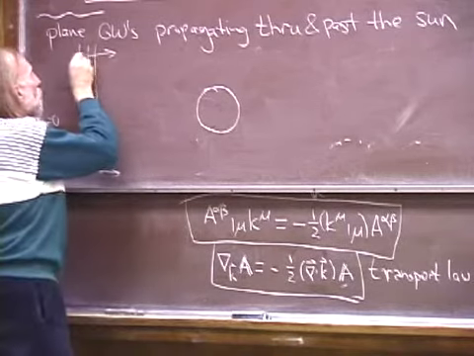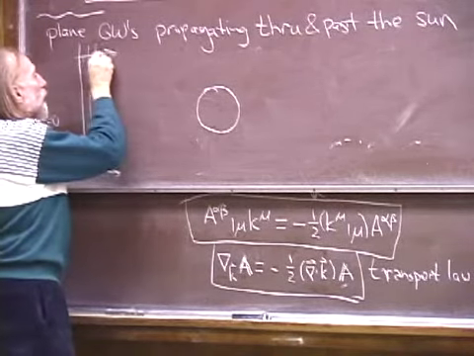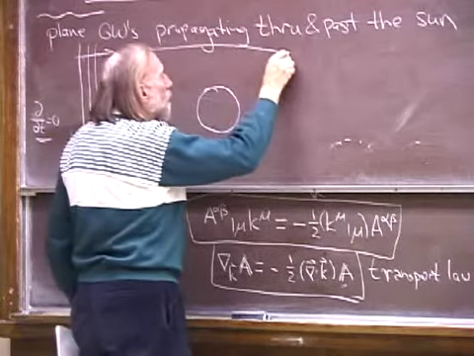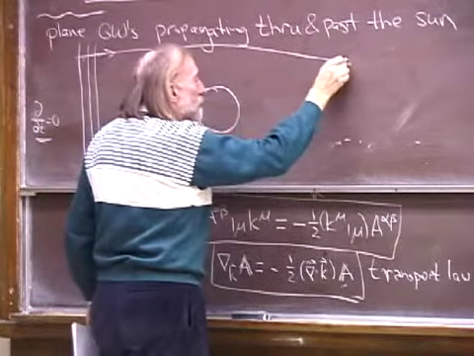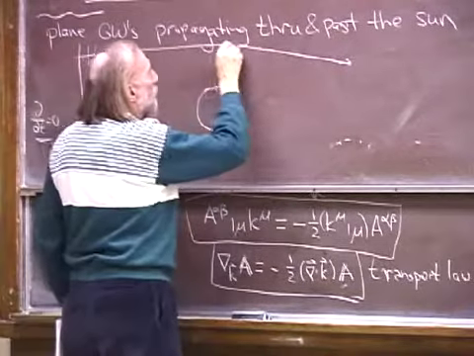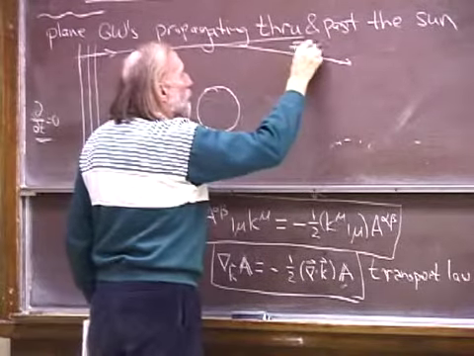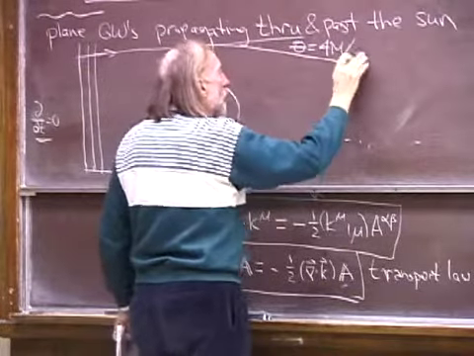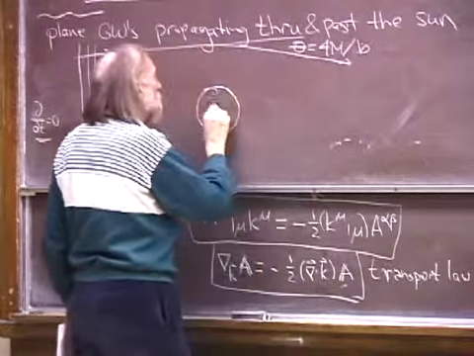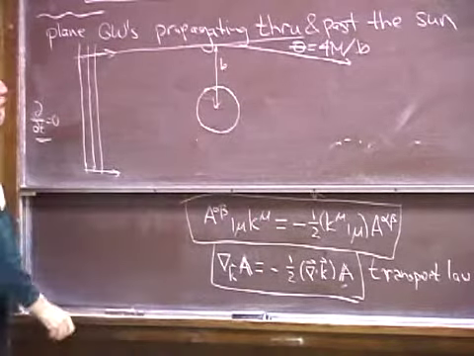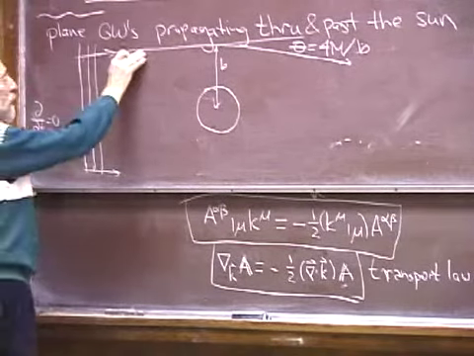Now, a ray drawn spatially in this diagram, as it passes the sun, one can show that because it's a null geodesic, it gets deflected. It gets deflected through an angle that is 4 times the mass of the sun divided by, let me call it b, where b is the impact parameter. So rays up here are deflected only a little bit.